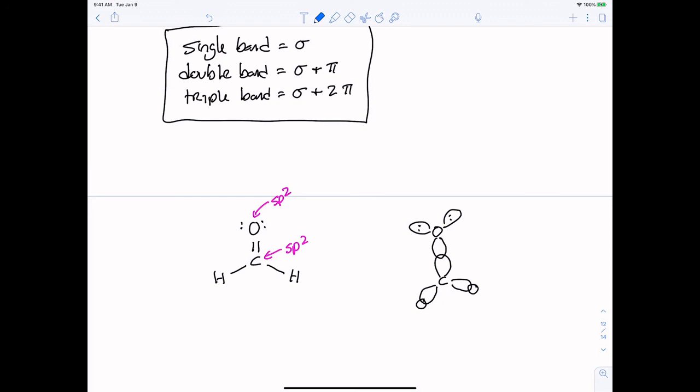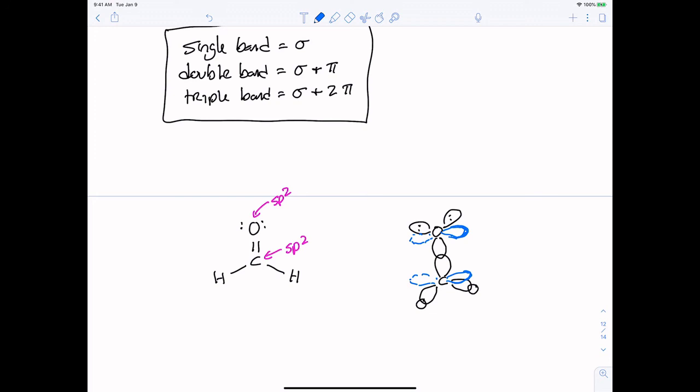So we're going to have a p orbital on here, and that's coming out at us. And then this part is going back behind, right? 2 lobes. And then this carbon also has a p orbital on it, and that's coming out. And then they're actually overlapping sideways to form that double bond.